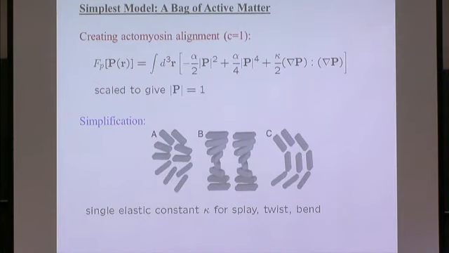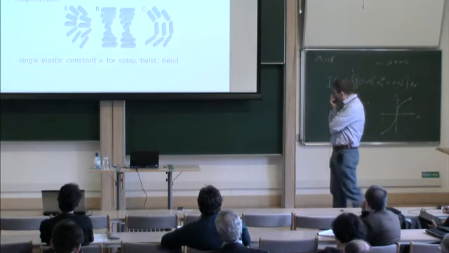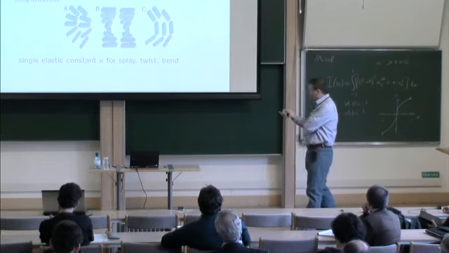That's just a choice of units. And another simplification, which again many of you will be familiar with, at least in the context of Q-tensor type description, is that in writing the square gradient terms for P, we have a single elastic constant here instead of the three independent constants that you might introduce for splay, twist, and bend.